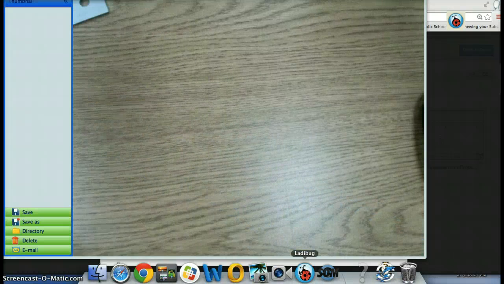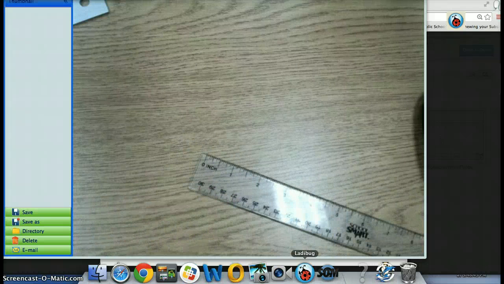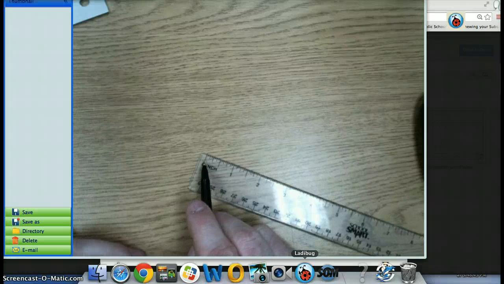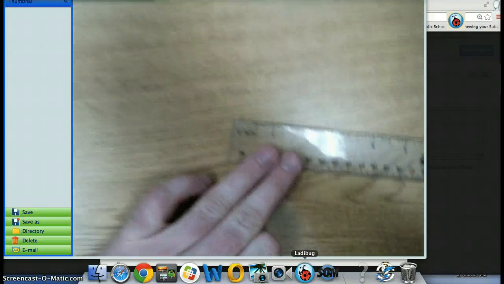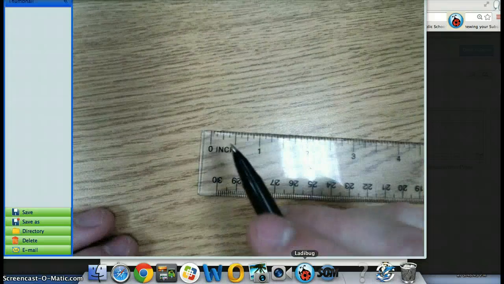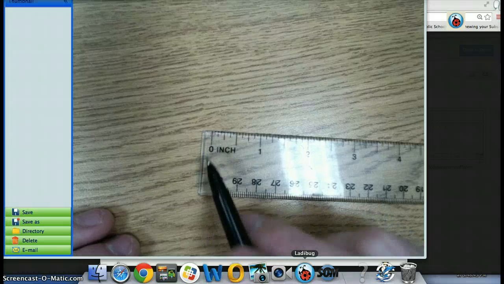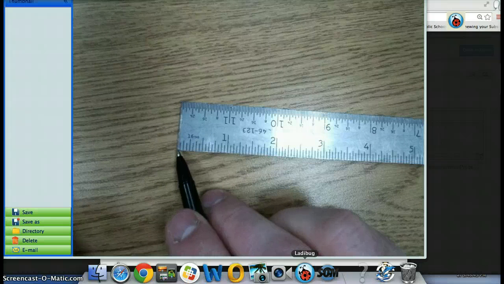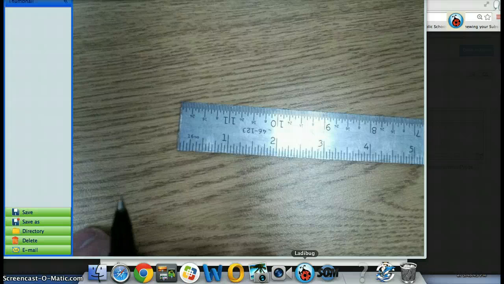Okay, on this ruler, I do have a 0 that is pushed in a little bit. The edge of my ruler is not 0 on this one. It's actually right there. So I can tell the difference because it's indicated otherwise. So that's not my 0. This one, 0 is the edge of the ruler. There's not a line telling me otherwise, so I assume that 0 is the edge.